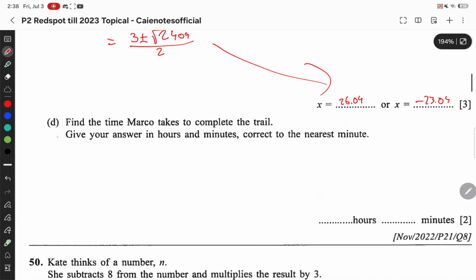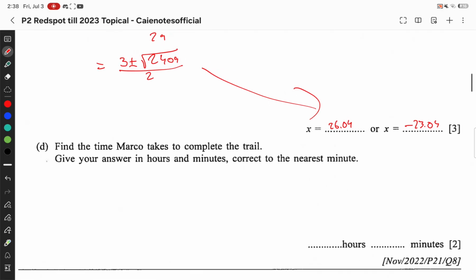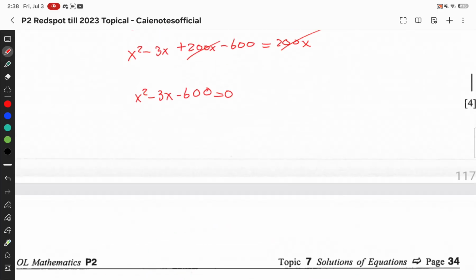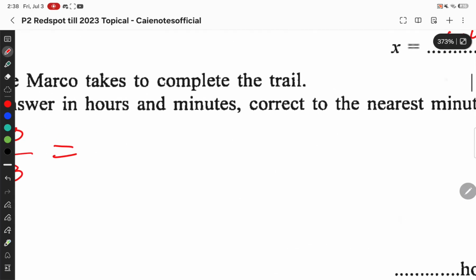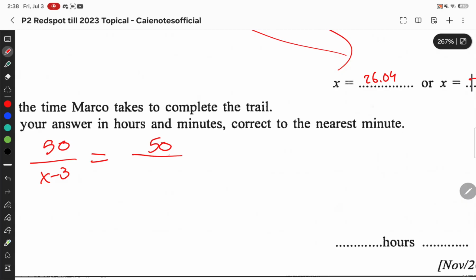Final time Marco takes to complete the trial. Give your answers in hours, minutes, correct to the nearest minute. Now, here we have x. What was Marco's time? Marco took how much? 50 over x minus 3 hours. Can time be negative? No, we take the positive root. So we get 50 over 26.04 minus 3.